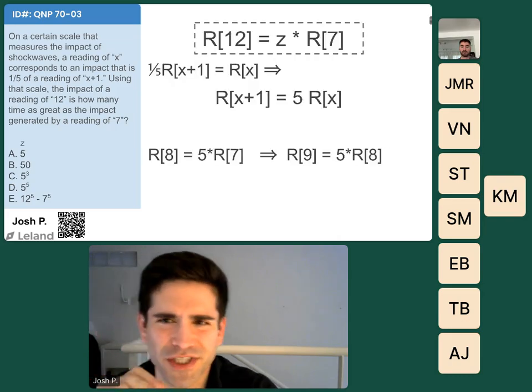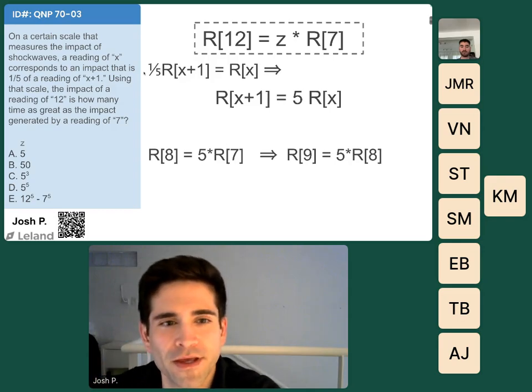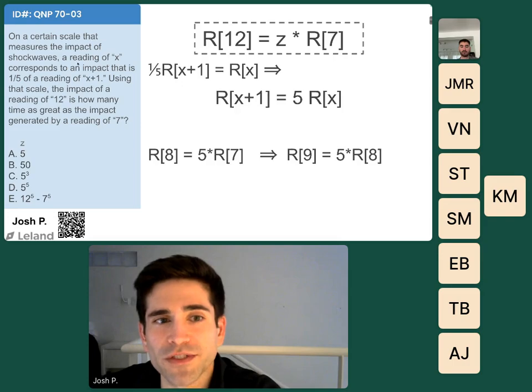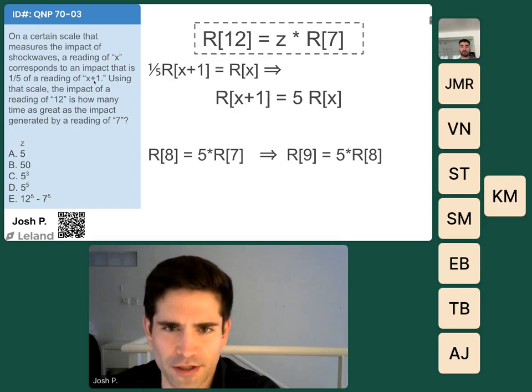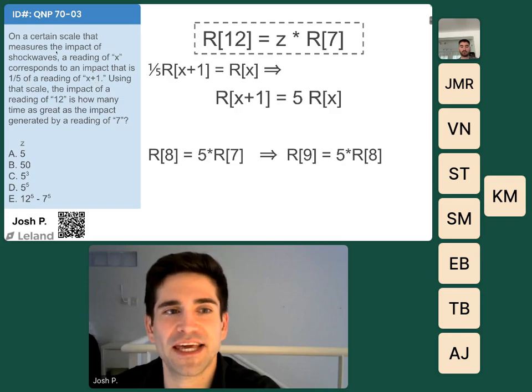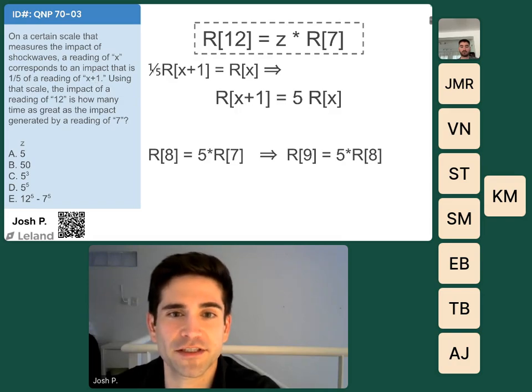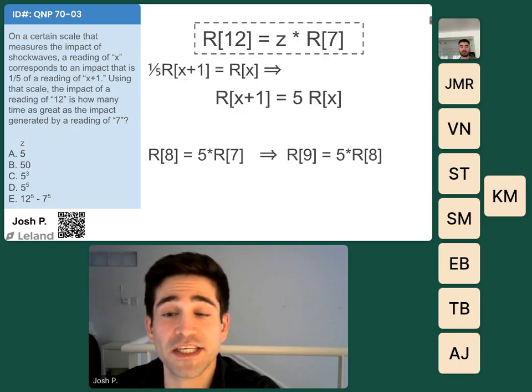Okay, so apologies that there's a lot of content here, but let me go step by step. So what we know is that a reading of x corresponds to an impact that is 1/5 of a reading of x plus 1. Right? So when we translate English into math, what we have is 1/5 reading of x plus 1 is equal to a reading of x.